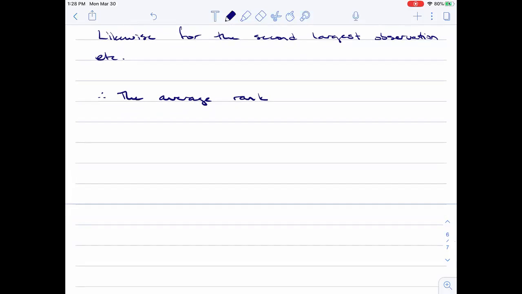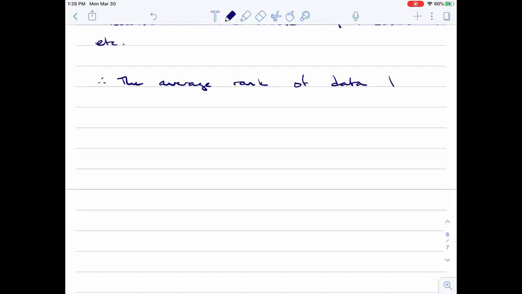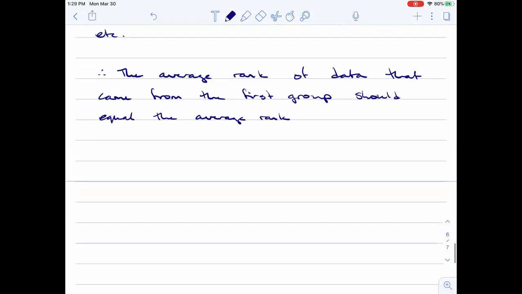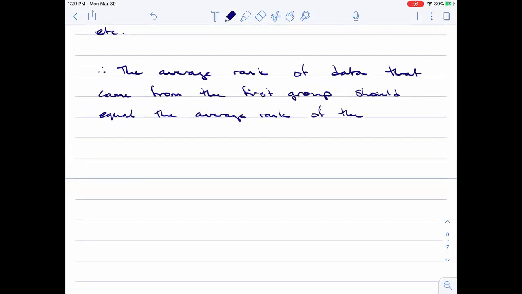So the average rank of data that came from the first group should equal the average rank of the data from the second group.